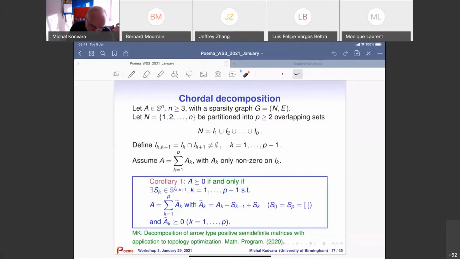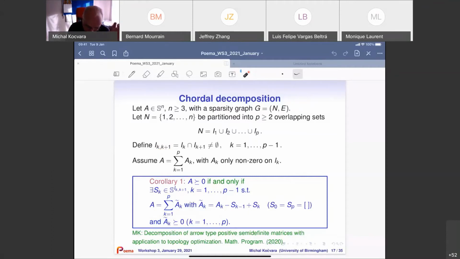Then the immediate corollary of the theorem says that the matrix is positive semidefinite if and only if it can be written as a sum of matrices A tilde, where A tilde is constructed from A_K, minus and plus some matrix S, which are only non-zero on these intersections, on these overlapping sets.